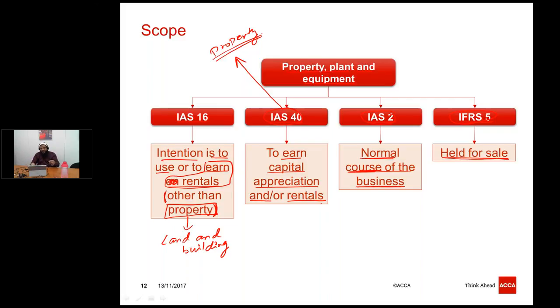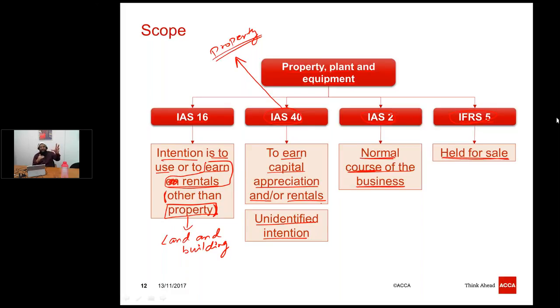So such properties will also be classified in IAS 40, where we have an unidentified intention. We ourselves don't know why we have the property. So an example would be like this. For example, if I had a property and considering the recession in the market, my use of the property has been reduced.